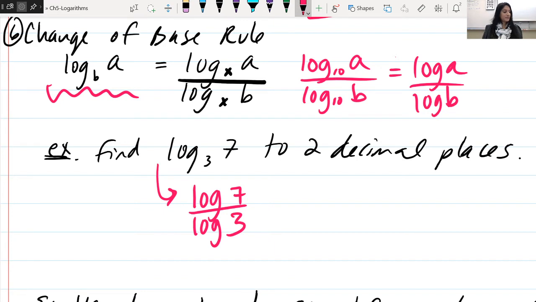Well, go ahead. You would want to do log, remember, you're not doing log and then 7 over 3. You want to do log 7 divided by log 3. For some calculators, you have to put brackets at the top before you divide by the bottom. If you want to be super safe, you could just do log 7, get your value, and then do divided by log 3. But let's get what it's approximately equal to, and it says to 2 decimal places. Can somebody tell me what it is?